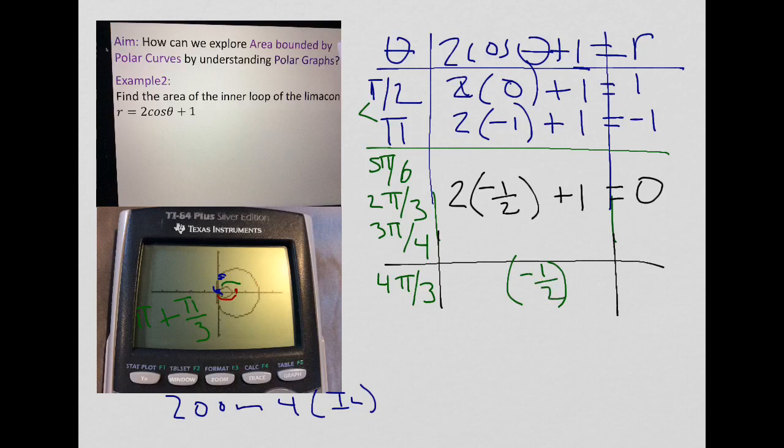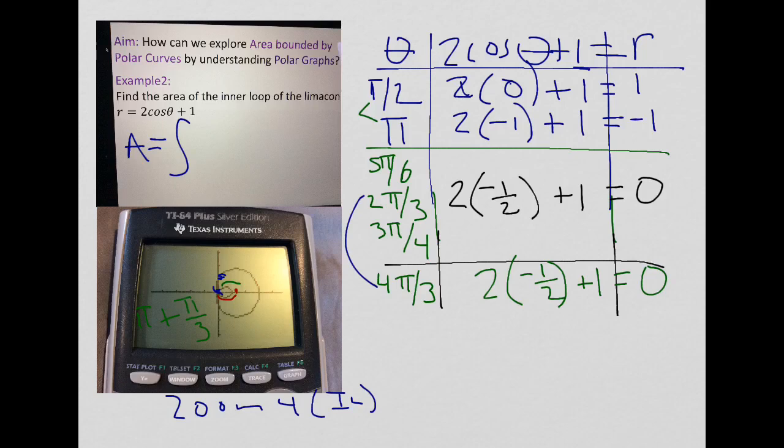It's negative in that quadrant, so 2 times a negative 1/2 is -1. We add 1, we do indeed get 0. So that completed the inner circle, and that's from 2 pi over 3 to 4 pi over 3. So we end up with our upper and lower limits of integration in order to find the area.